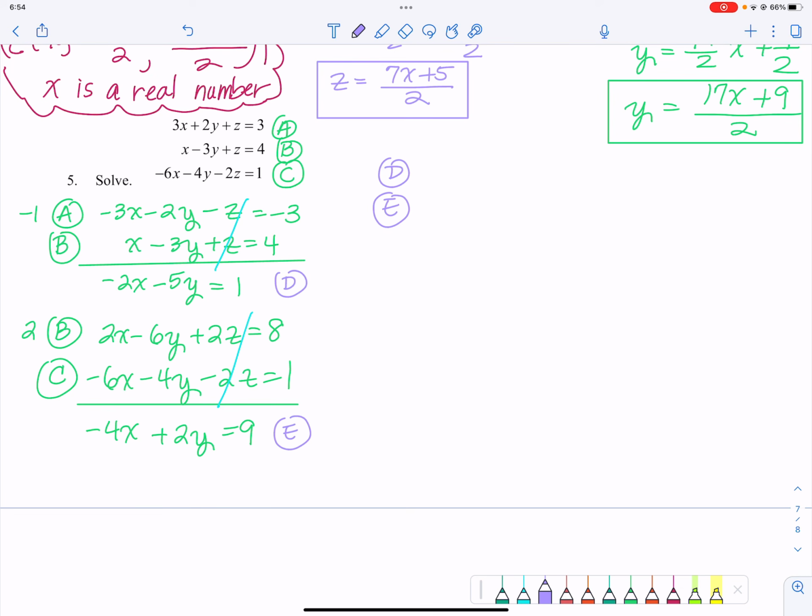So in D we can multiply by a negative 2, and let's see what happens. We have 4x plus 10y equals negative 2, and we have negative 4x plus 2y equals 9. I don't know if I wrote that same equation. I think this was supposed to be a negative 10y.